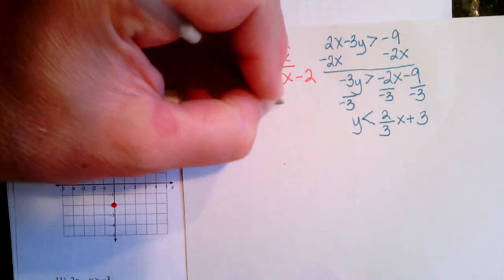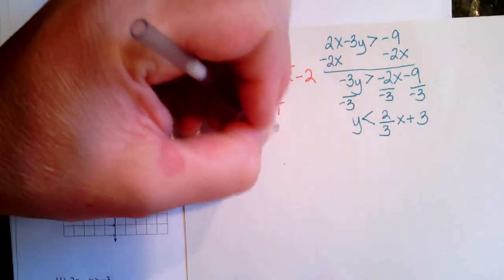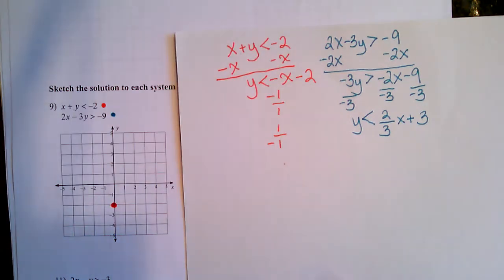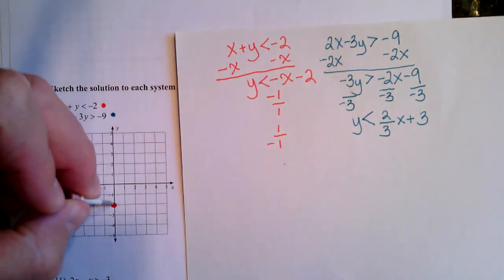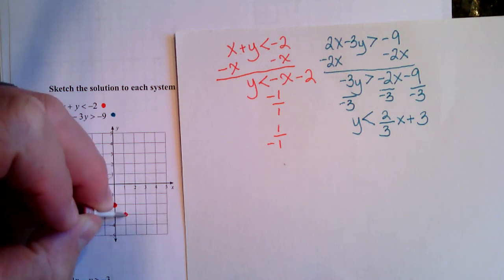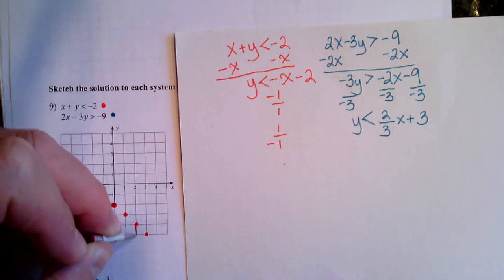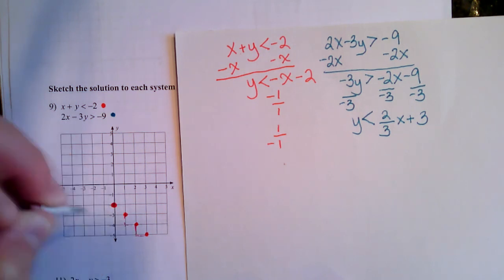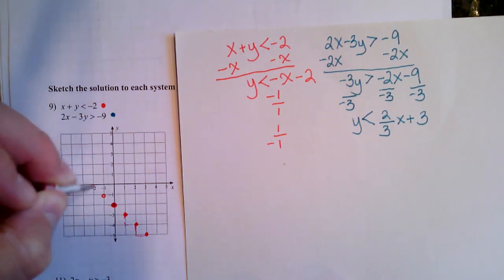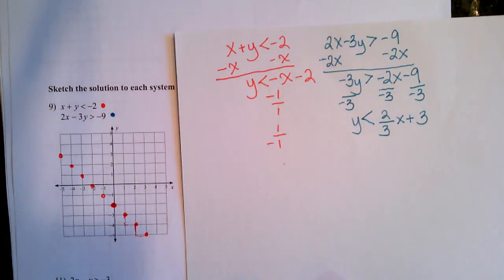This is -1/1, or 1/-1, either way. So I'm going to go down 1 and over 1, down 1, over 1, down 1, over 1. And I'm going to see this slope triangle pattern. So I can just follow that pattern all the way across the graph, like that.